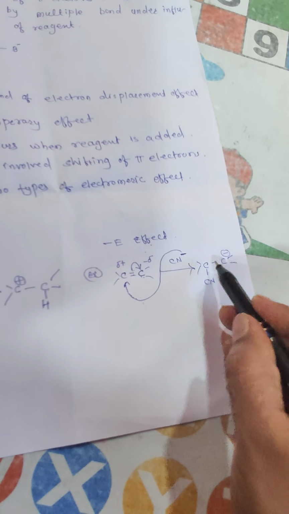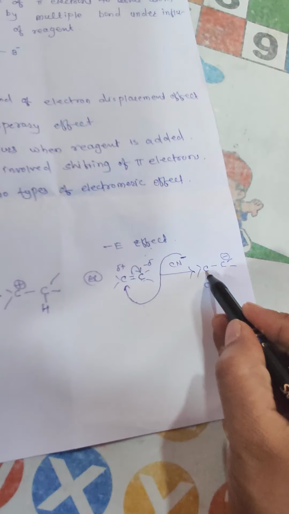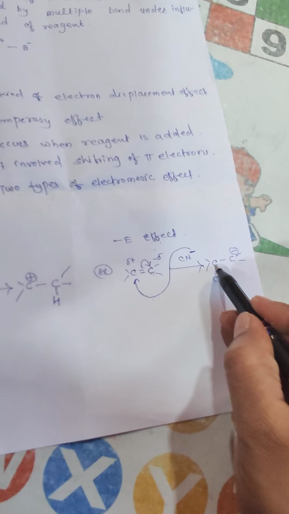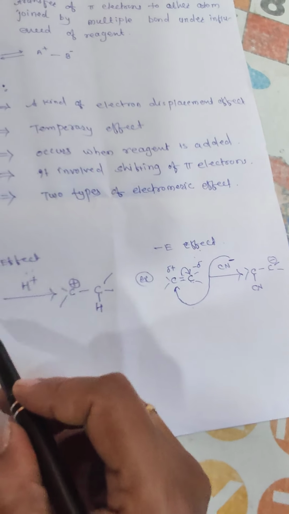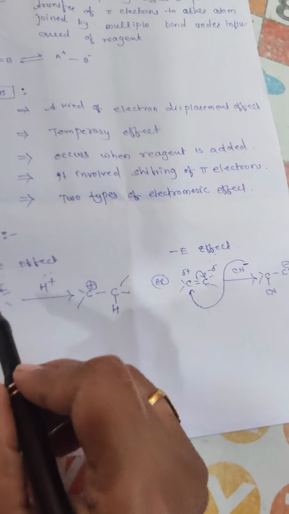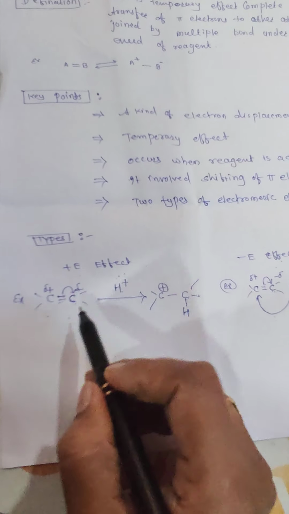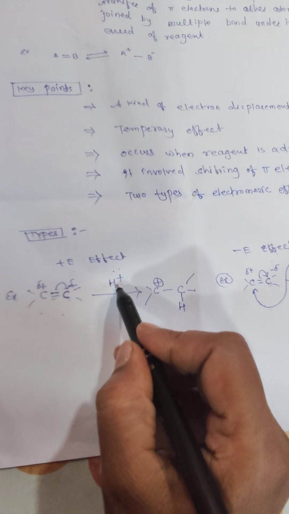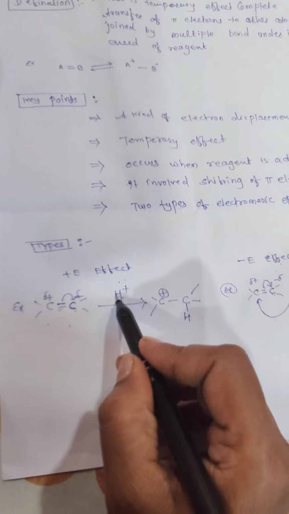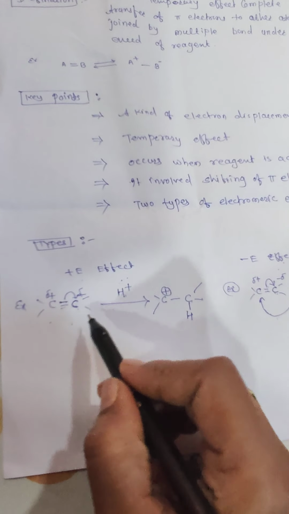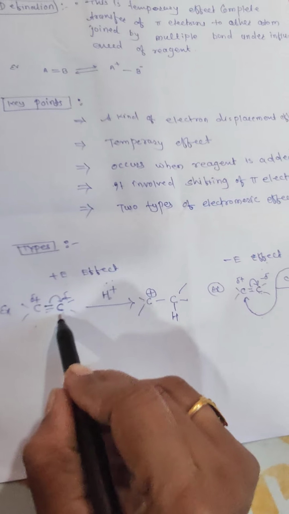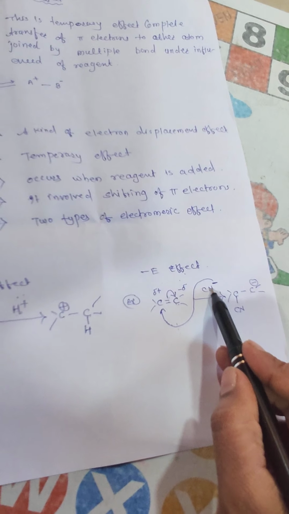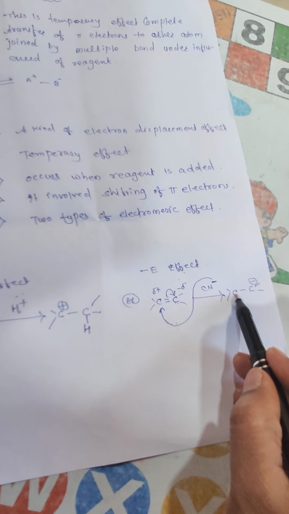It means opposite to that carbon, the cyanide group is attached. Here the reagent H plus is electron deficient. This reagent is attached where the pi electrons are transferred, and in the minus E effect the reagent is attached where the pi electrons are not transferred.